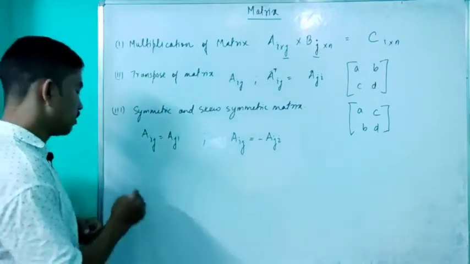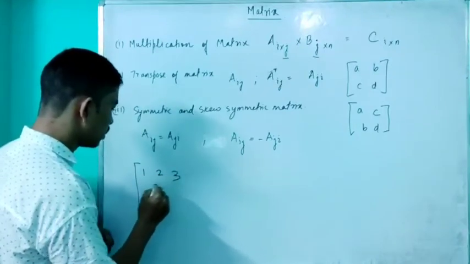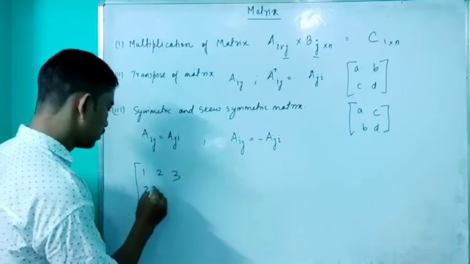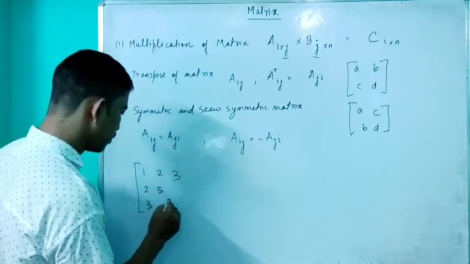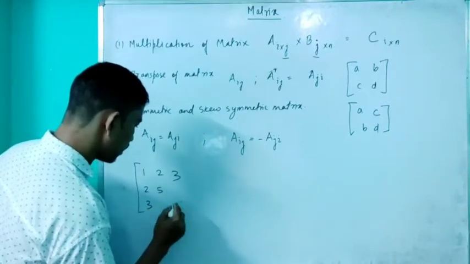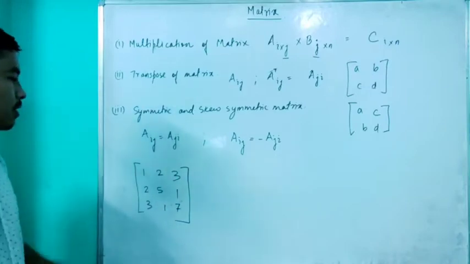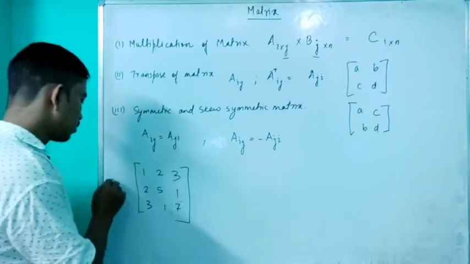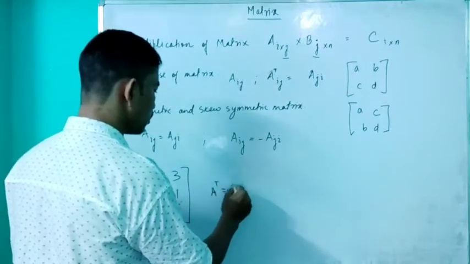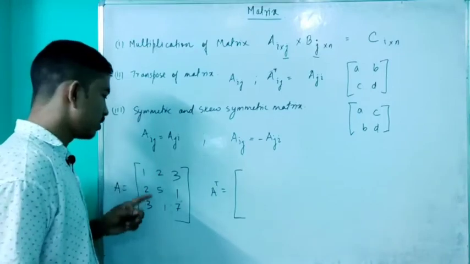For example, a matrix like, if I write 1 2 3, then 2 5 1, and then 3 1 7. What will happen if I interchange the rows and columns? If A is equal to the given matrix and I find A transpose, I will just interchange rows as columns and columns as rows.